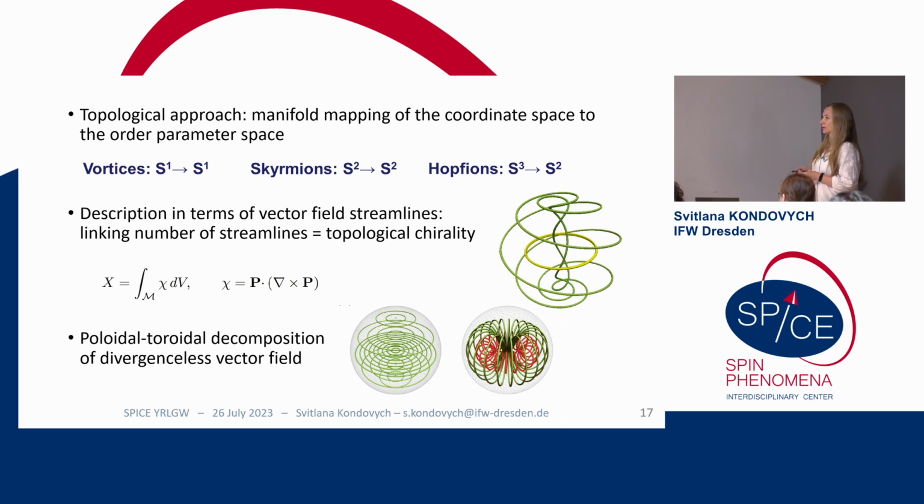And for a field of zero divergence, it can also be useful that you can apply the poloidal-toroidal decomposition of your vector field. So you separate the variables into a vortex part, which is usually easily solvable, and the other part, sometimes called the anapole in the literature, so that the sum of these two vector fields will give you a Hopfion.